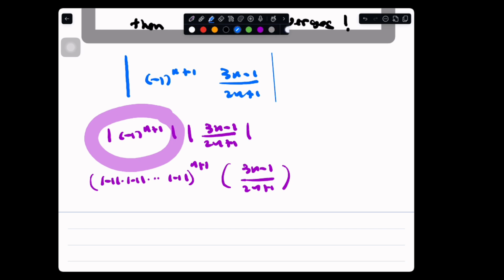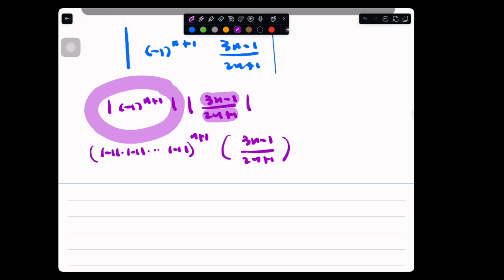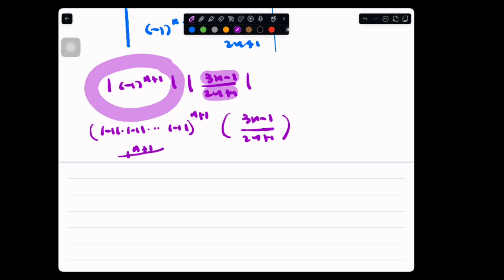Okay, you guys remember that? So we get to remove the absolute value sign. That's why it's gone. And over here, that's really 1 to the n plus 1, which is really 1.